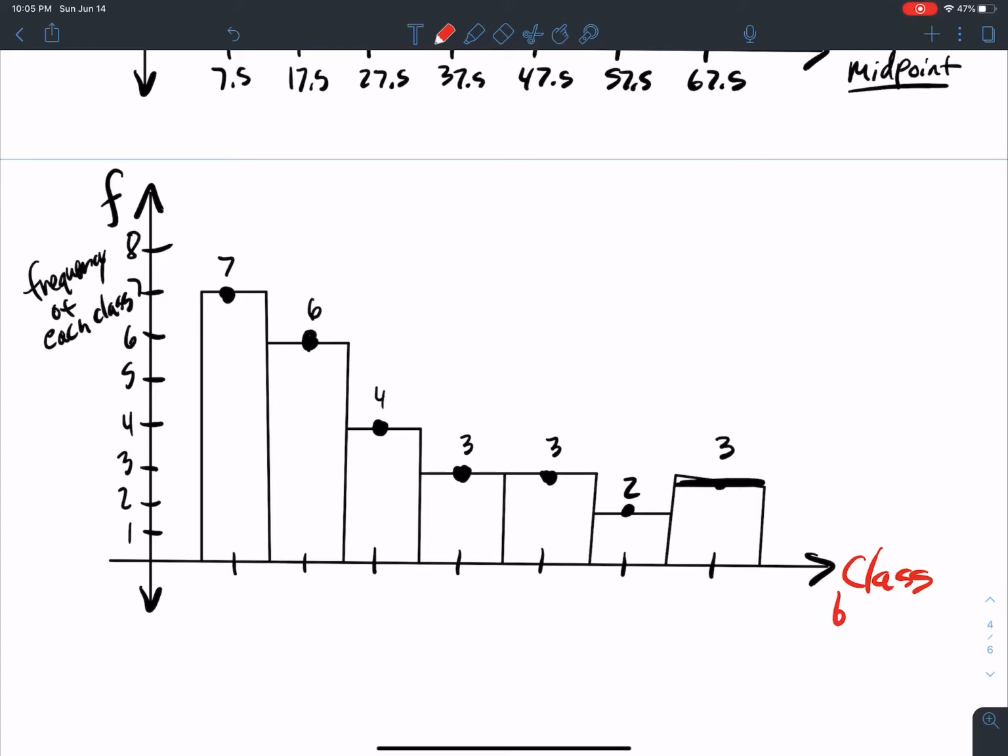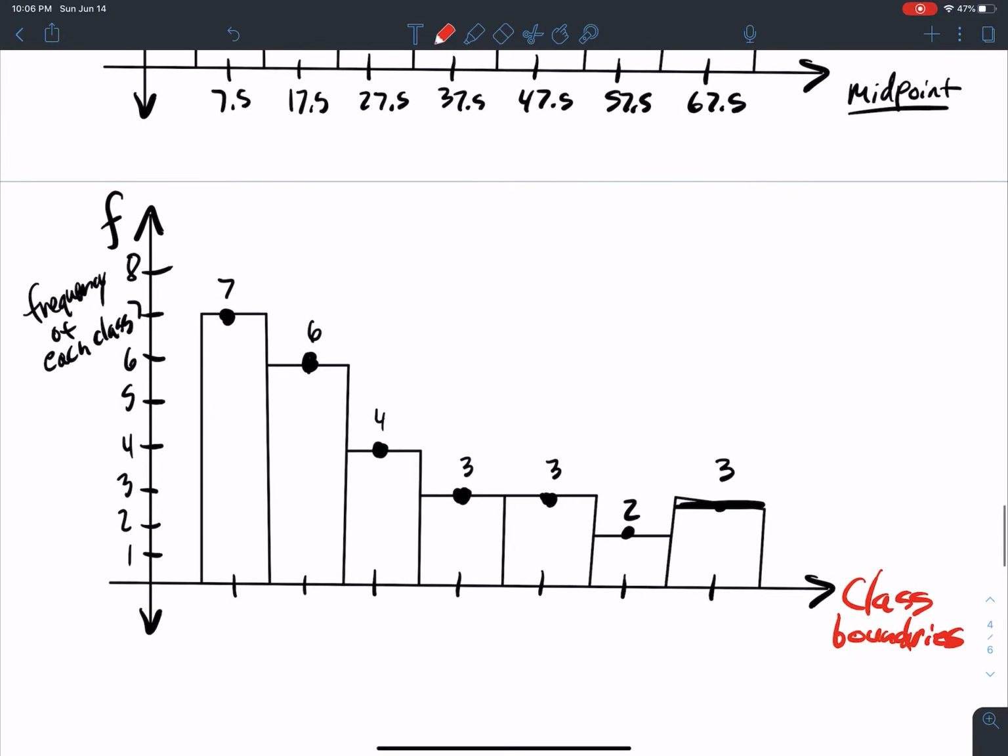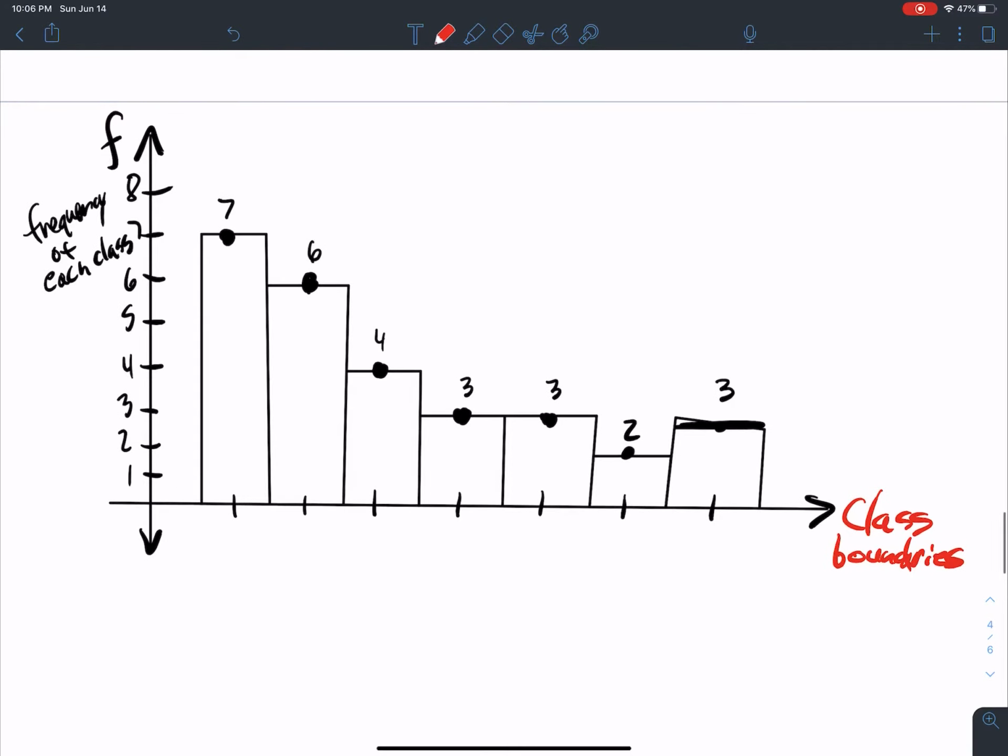Class boundaries. Okay, so how do I do it with class boundaries? All right, so class boundaries are a little bit different. Okay, so how do I find class boundaries? So what I like to do is I like to line up all my classes. So the first class was from 3 to 12. The next class was from 13 to 22.